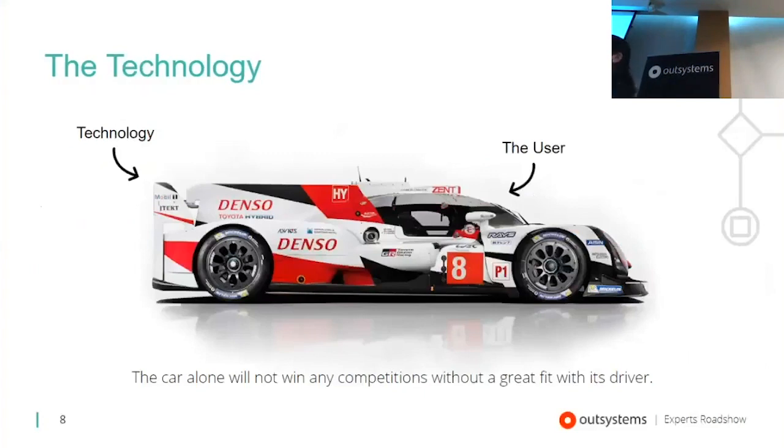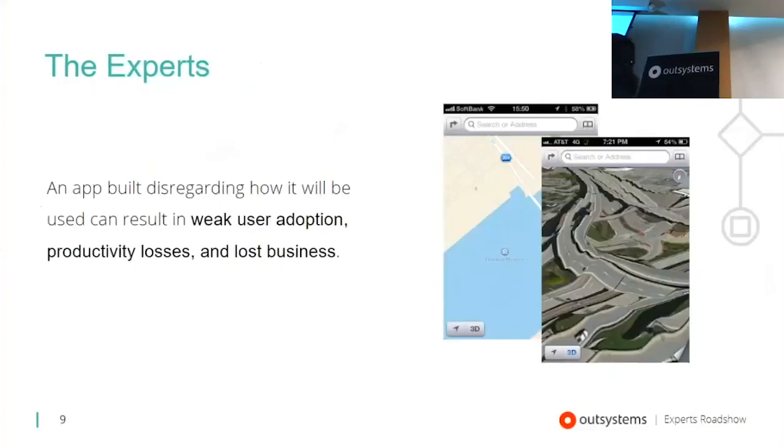If you have a big car, like a Ferrari, but the driver doesn't know how to drive in the first place, then the Ferrari is of no use. The same is what we talk about here at OutSystems. The experts and the users of the platform are important, because unless you know how to use the platform and give the best experience to your end users, you wouldn't be able to help the customer to have proper adoption or a productive session.